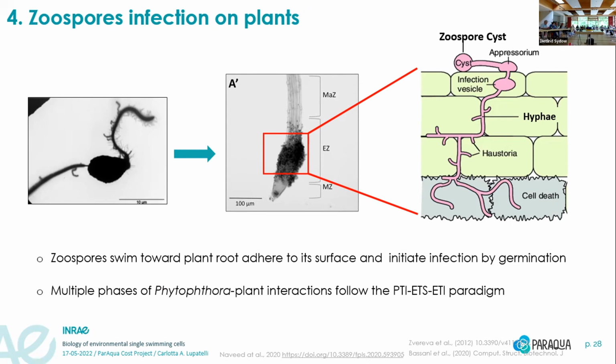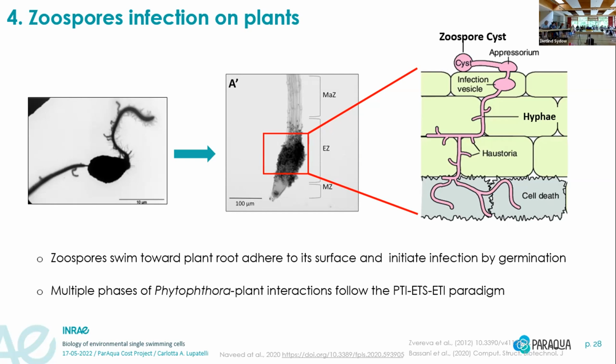When they arrive on the plant root surface, they initiate the germination by encystment. So the zoospore arrives and will encyst, meaning that it will generate a cell wall and it will generate a germ tube-like structure, which will penetrate the root surface and which enables further colonization of the plant.